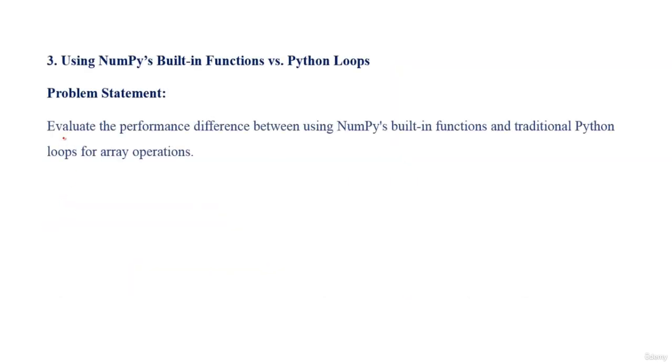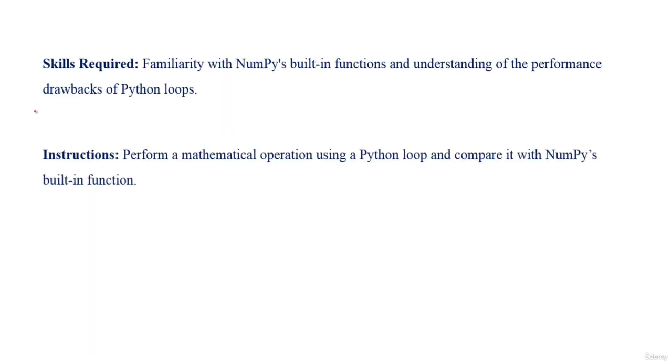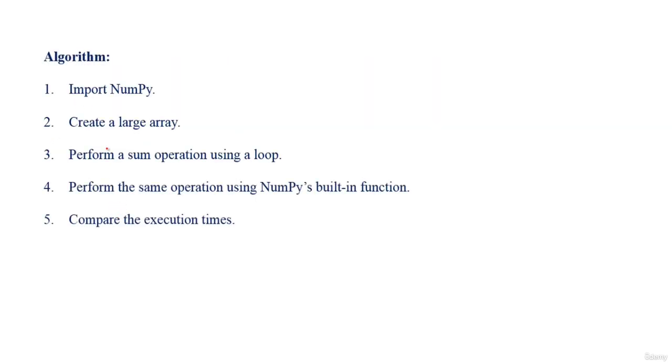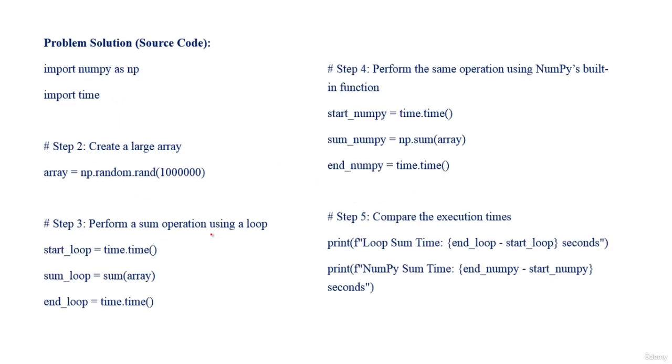The third problem statement is to evaluate the performance difference between using NumPy's built-in functions and traditional Python loops for operations. We will make a comparison between NumPy's built-in function and traditional Python loops. The skills required and instructions you need to understand. The algorithm I will follow: first of all, import NumPy, create a large array, perform a sum operation using a loop, perform the same operation using NumPy's built-in function, compare the execution times.